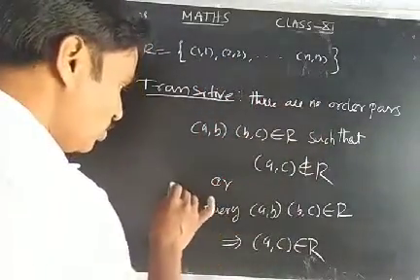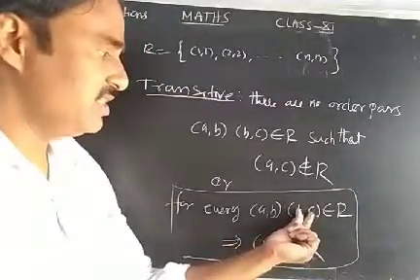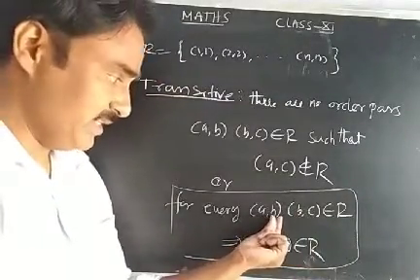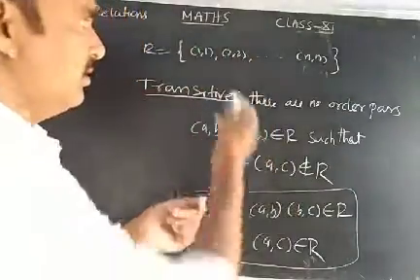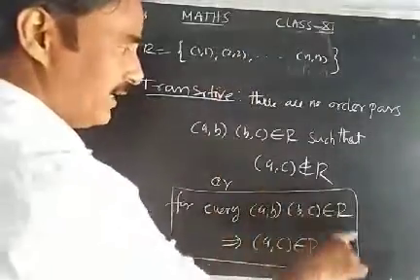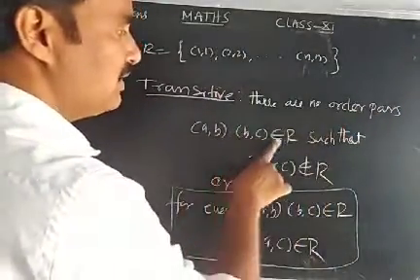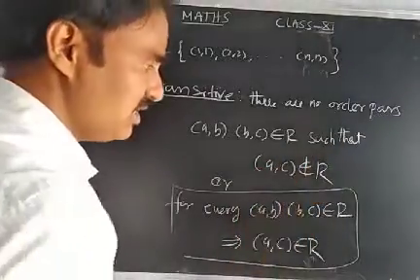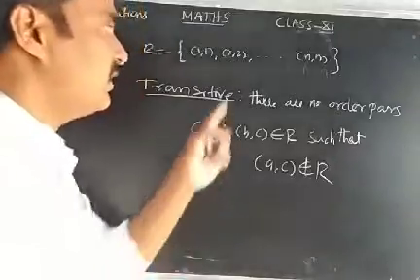So here don't use this definition. Why? Because for (a, b), (b, c), the first ordered pair's second element and the second ordered pair's first element are not possible here. If you take, these two elements are not equal. So at that time don't write this definition. You can write this: there are no ordered pairs (a, b), (b, c) belonging to R such that (a, c) does not belong to R. So only this definition is possible here.